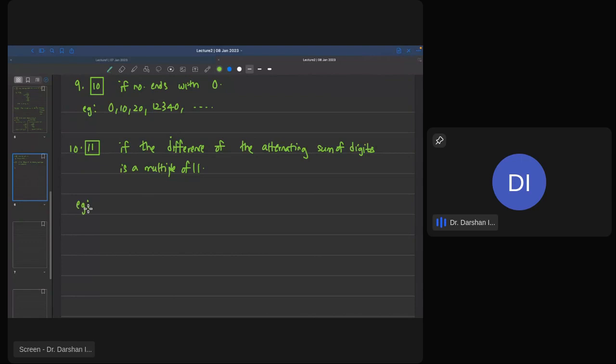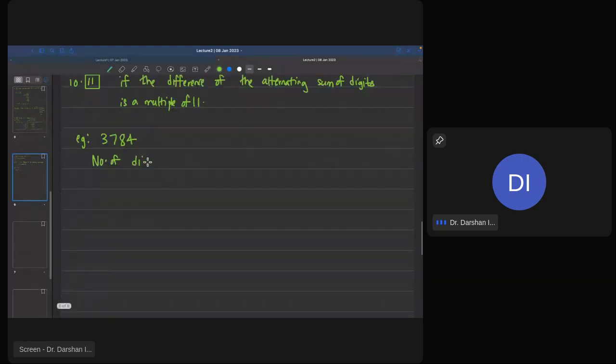If I have a number like 3784, how many digits are there? 1, 2, 3, 4. 4 digits are there, right?